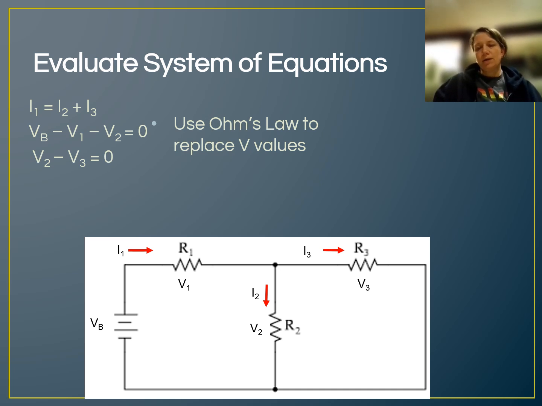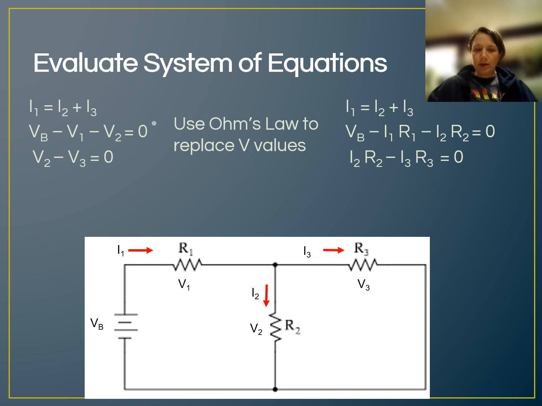One way to help us get simplified is by using Ohm's law to replace the V values with I times R. So you'll notice in that second series of equations, I've replaced V1 and V2 with I1R1 and I2R2 and so on. This lets me get my equation just in terms of currents and resistances and that one battery voltage.